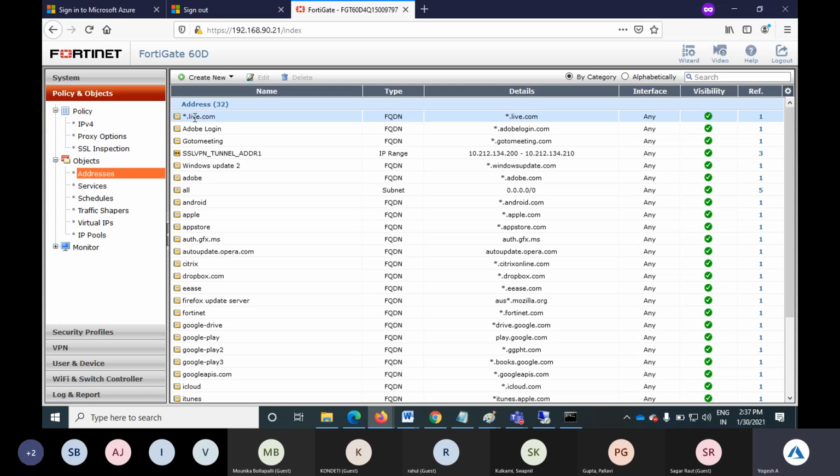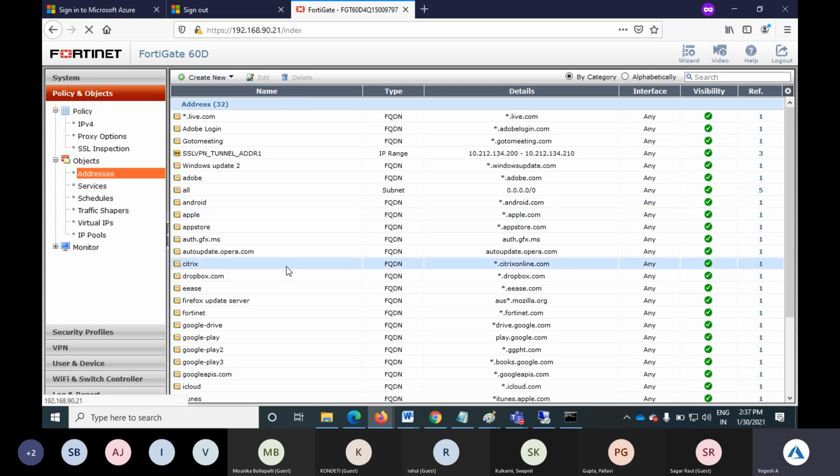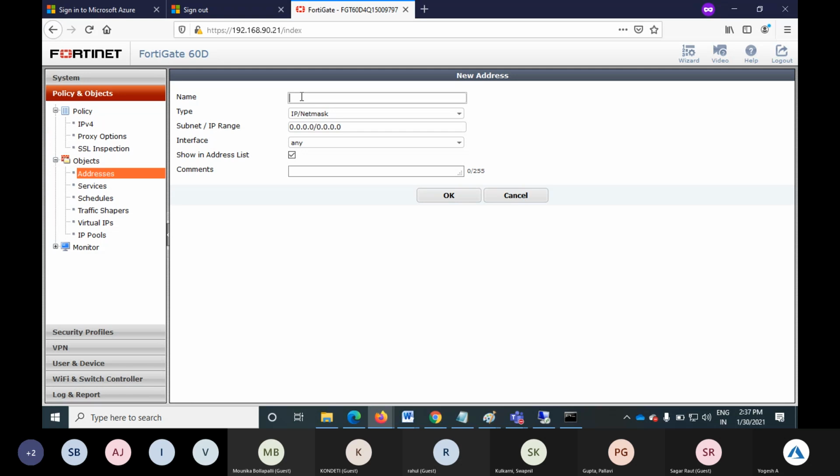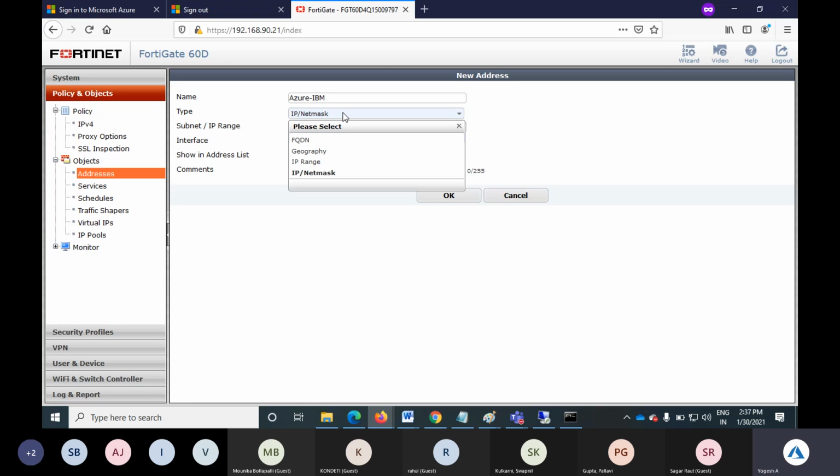Okay, now once you create a tunnel, then we need to have an address. So let's create an address here. Its name is Azure-IBM. Okay, so what is the local address we are using?